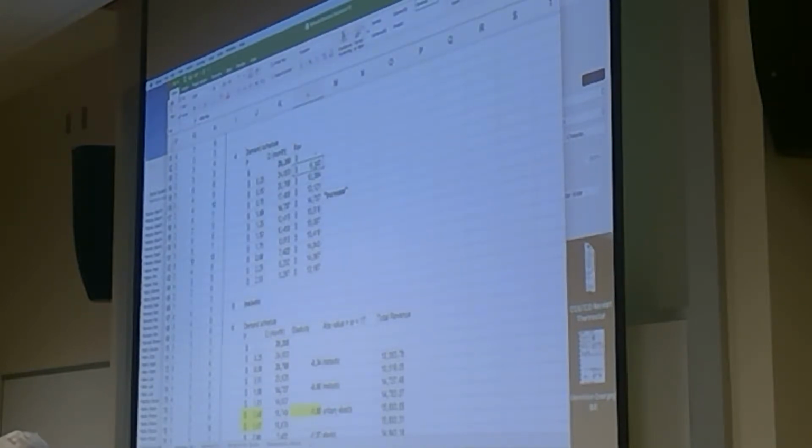So that's all that's going on in these cells here. You can look at this and say, okay, if I charged $1, my revenue would be $14,737. If I charged $1.25, my revenue would go up to $15,519. So that tells me that there's an increase in revenue.